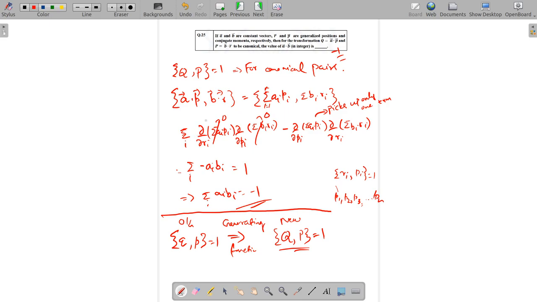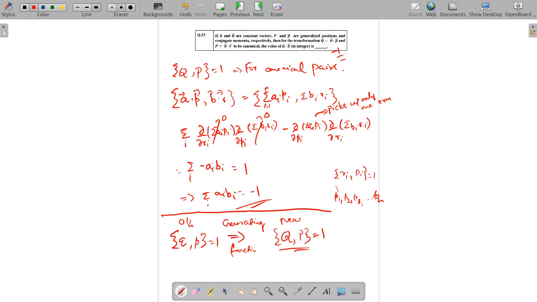This is the definition of the Poisson bracket: sum over i, ∂/∂r_i of the first term times ∂/∂p_i of the second term, then a minus sign and reverse the differentiation, first term with respect to p and second term with respect to r.